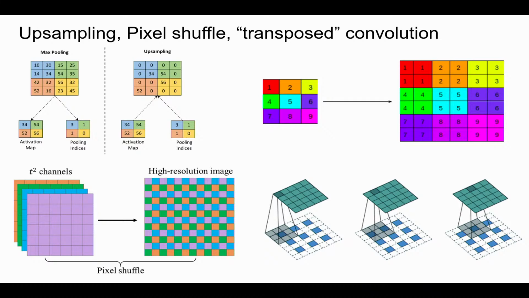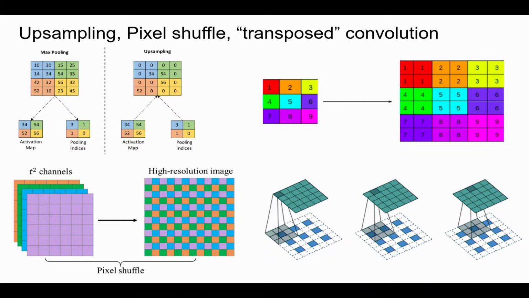Over the years, during the history, there were multiple other proposals. For example, for the max pooling operation, you can do sort of the inverse. When you do pooling, here I take the number 34, and I just get rid of all the other values. If I go back from the small representation to the large one, of course, I have lost the values 10, 14, and 30.